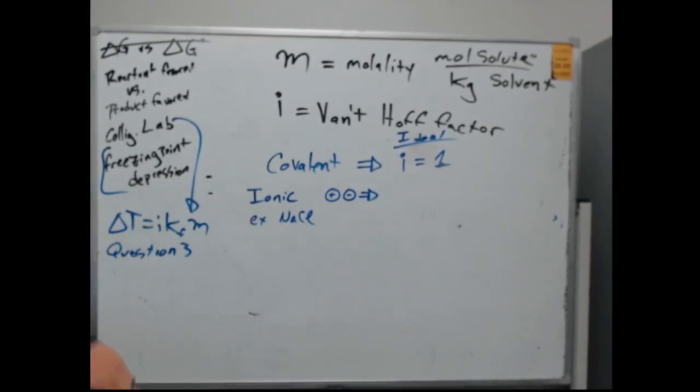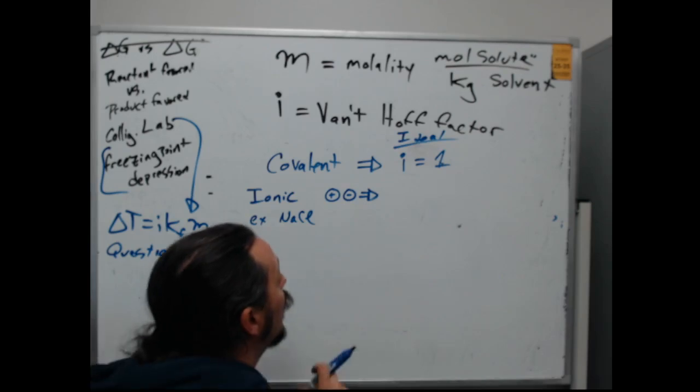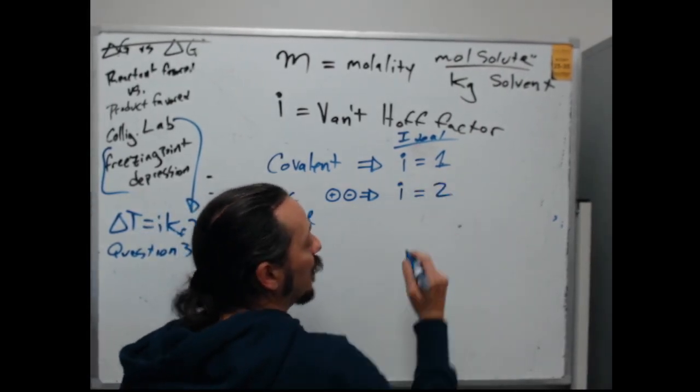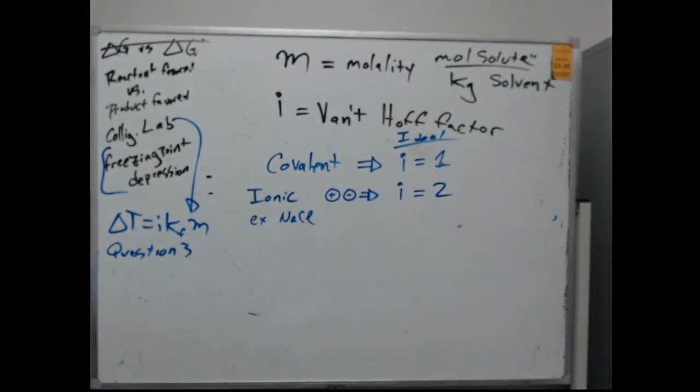When I put sodium chloride into water, it's actually putting 2 things into the water, because the Na plus and the Cl minus are going to split away from each other. So in the picture that I erased, one molecule of sodium chloride would actually be 2 orange dots.